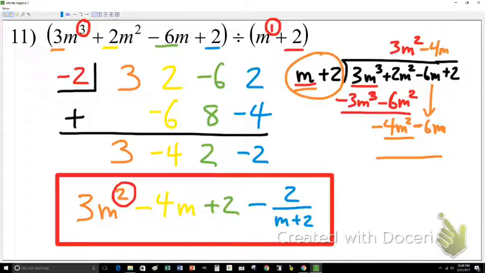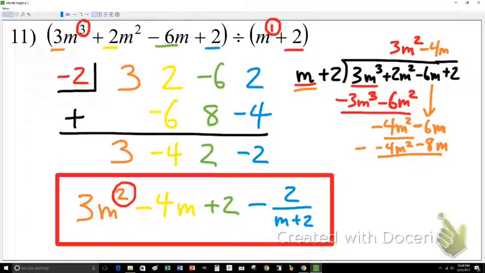Negative 4m times m is negative 4m squared. And negative 4m times 2 would be negative 8m. Okay. And now I'm going to subtract all that.